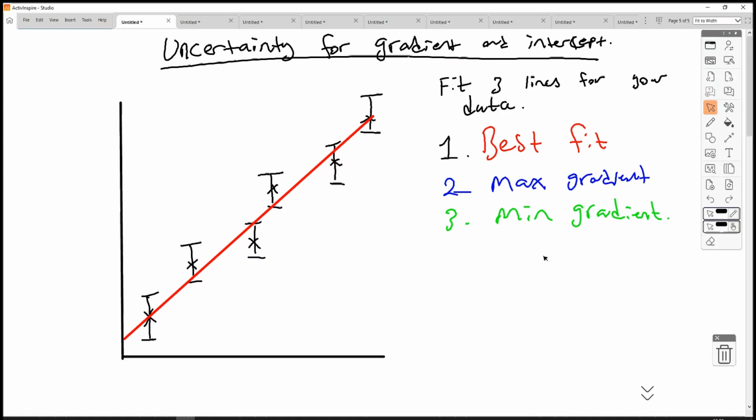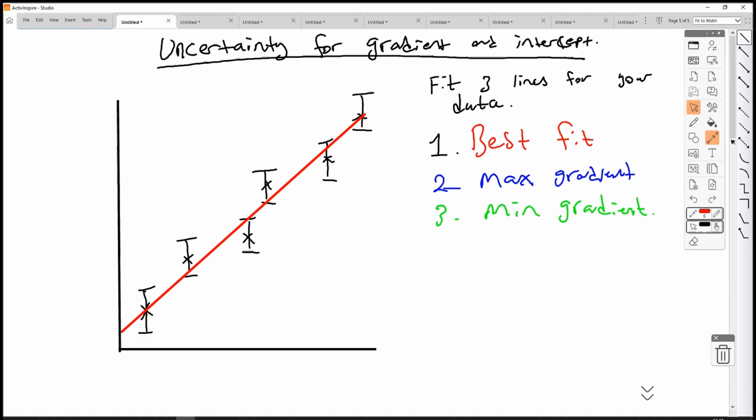Now, in order to draw your maximum gradient line, you approximately are going to go through the bottom error bar of your lowest data point, and you're going to approximately go through the highest error bar of your highest data point.